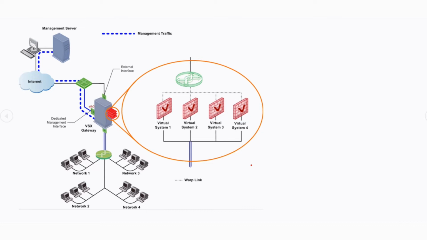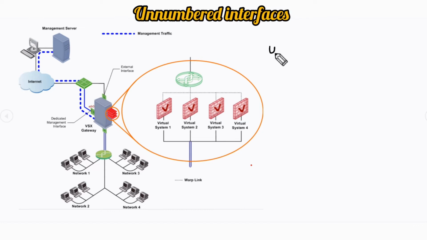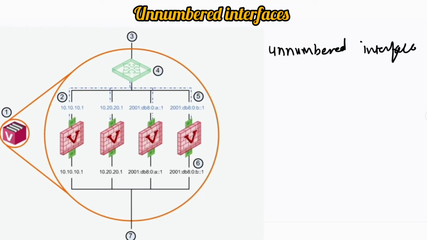Guys, there is one more interface which is also used in VSX. We call it the unnumbered interface. VSX lets you reduce the number of IP addresses required for VSX network deployment when you use one or more virtual routers. We discussed this warp link.